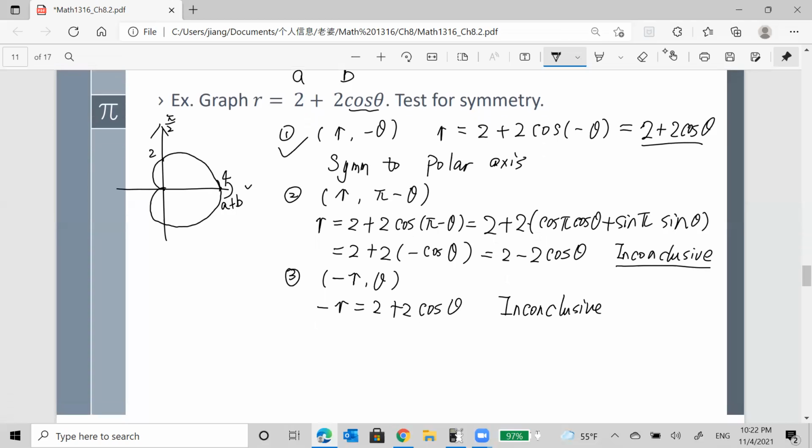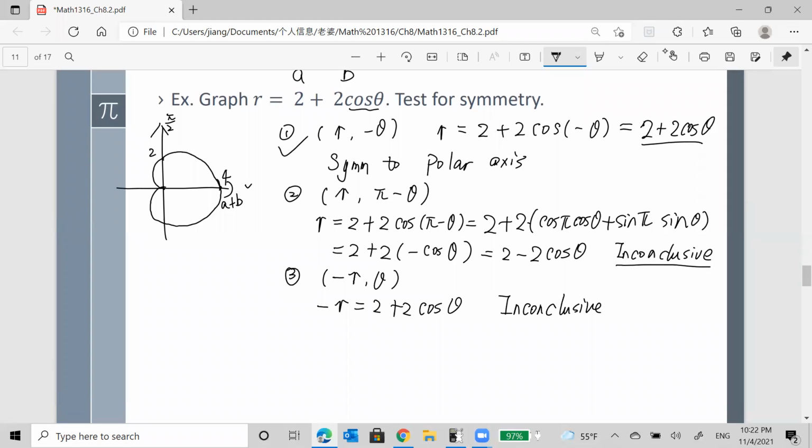That means if I want to plot the points, I can choose some special points, or I just graph it because I know the shape. And for the special point here, I can't say this is 0, 0.